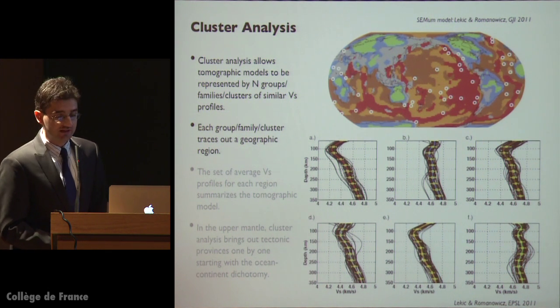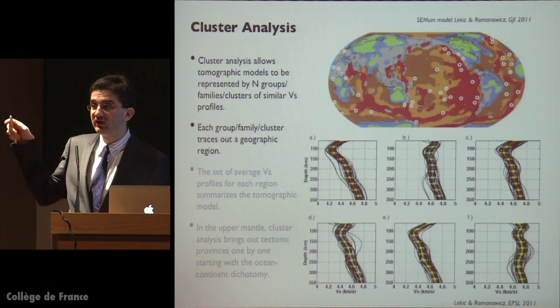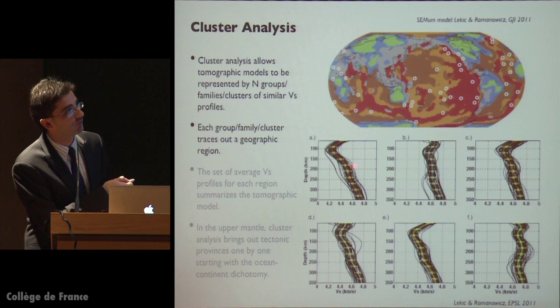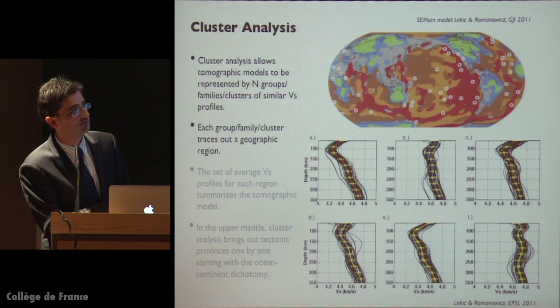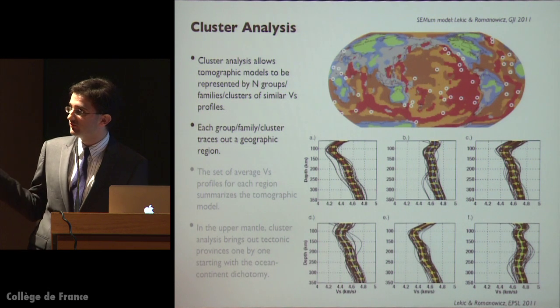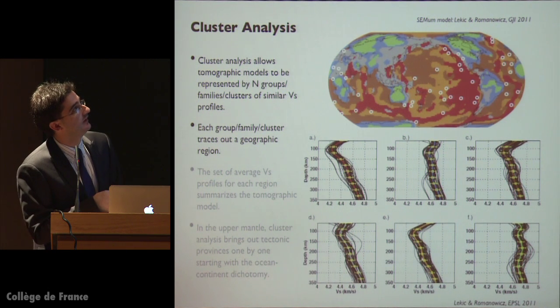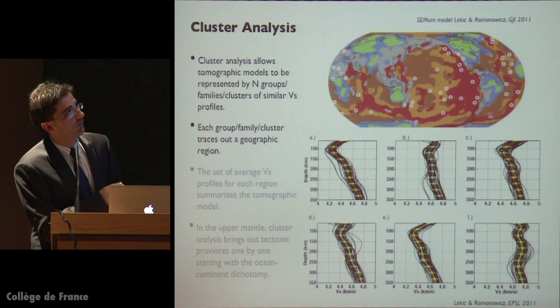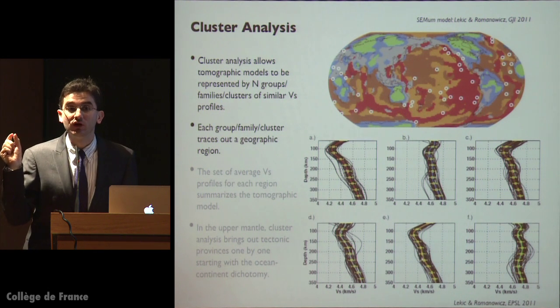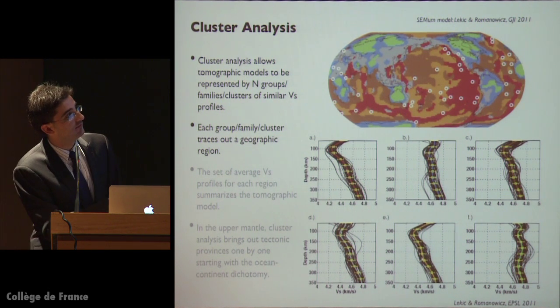What we can do is take the profiles of velocity in any depth range in the mantle. Here I'm showing profiles in the upper 350 kilometers of the mantle. We can group them according to how similar they are to one another, and then define an average profile for each family, cluster or group of profiles.